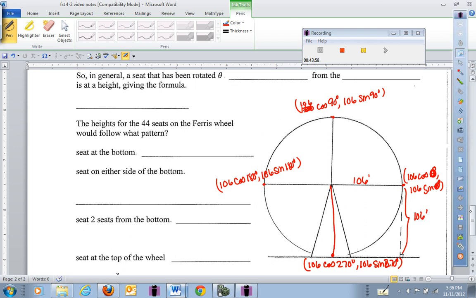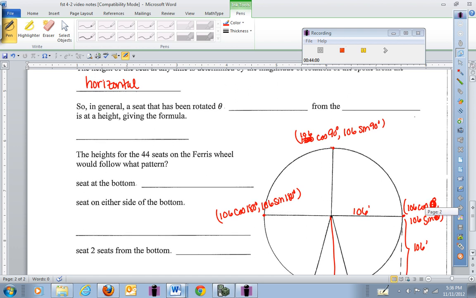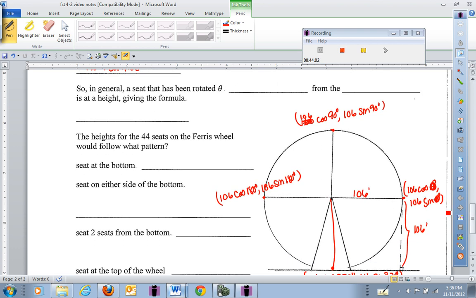Okay, it says back up here that, in general, a seat that has been rotated theta in the Ferris wheel is going to go around this way in the counterclockwise direction from the ground. So you get in the Ferris wheel on the ground and you start going this way, don't you? And you make a counterclockwise motion, don't you?